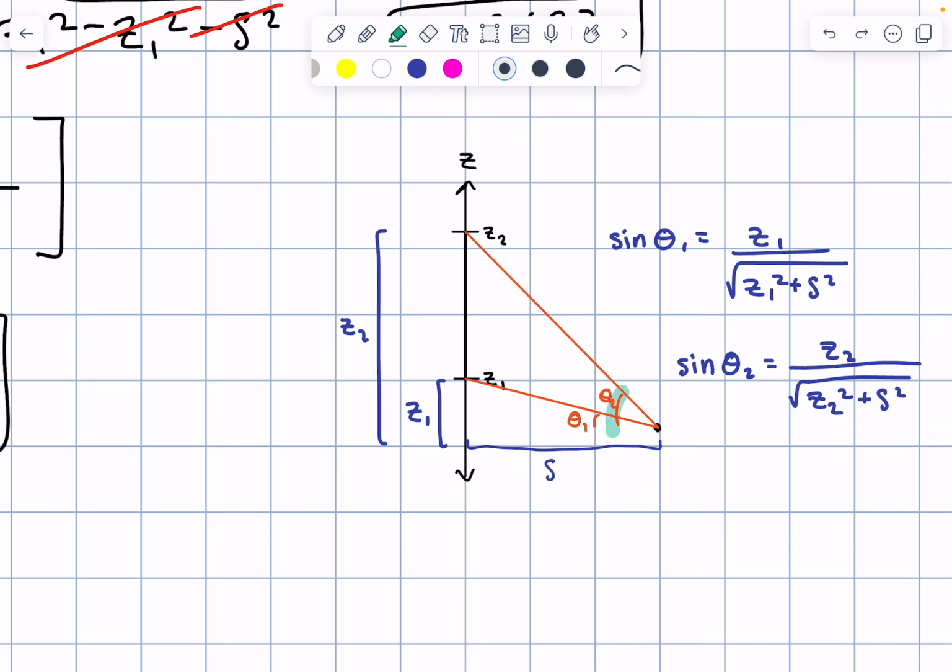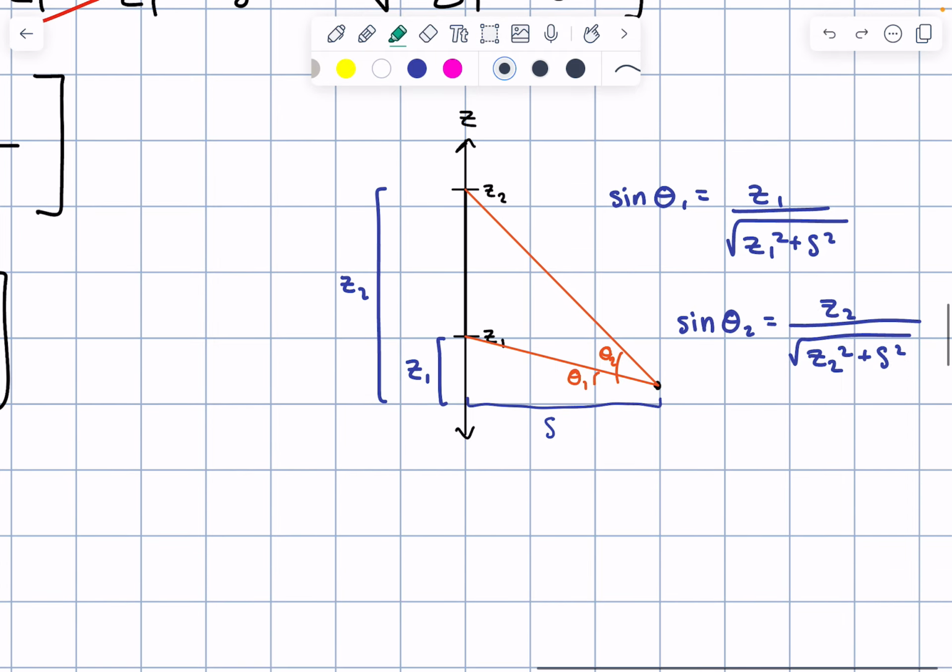And so theta 2 would be this whole angle. And just using trig, we can see that sine of theta 1 would be equal to z1 over the square root of z1 squared plus s squared, and sine of theta 2 would be z2 over the square root of z2 squared plus s squared. And you can see that just because this whole length, if this is basically like the origin, that would be z1, and then this will be z2, so that works.